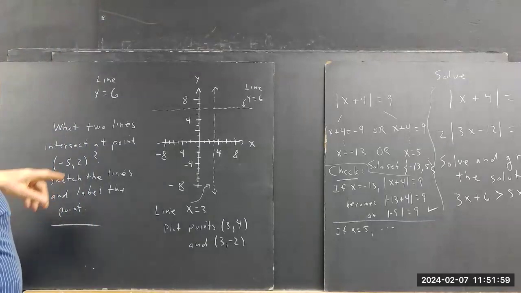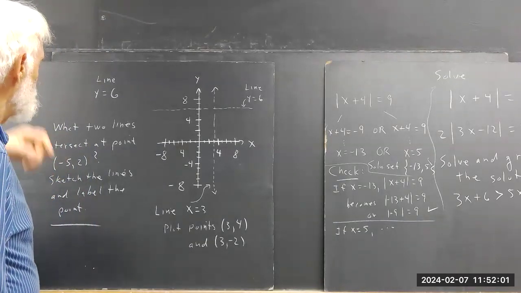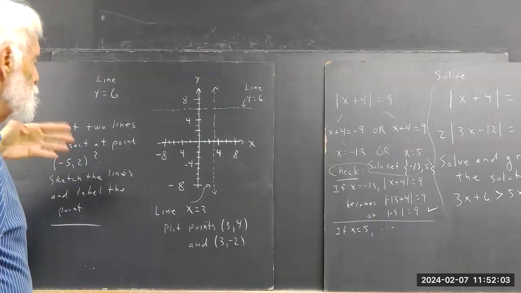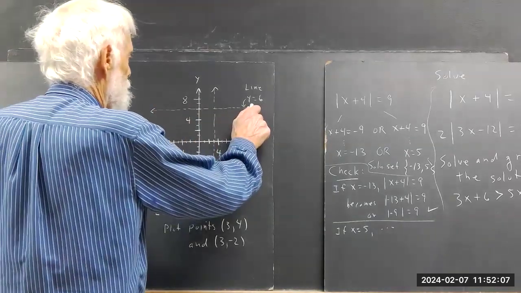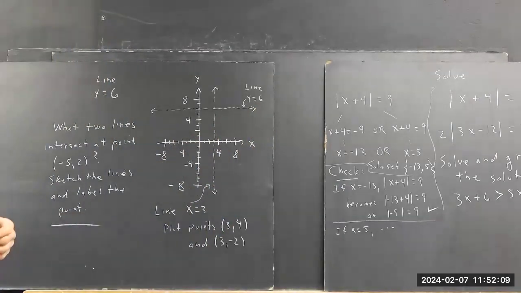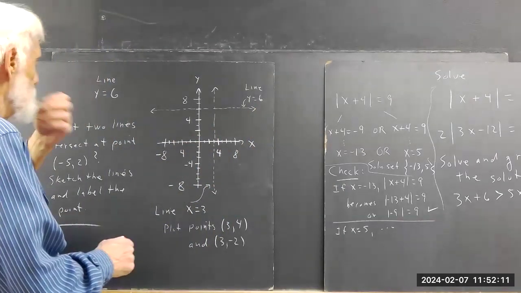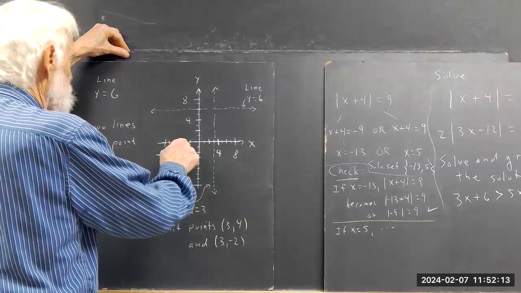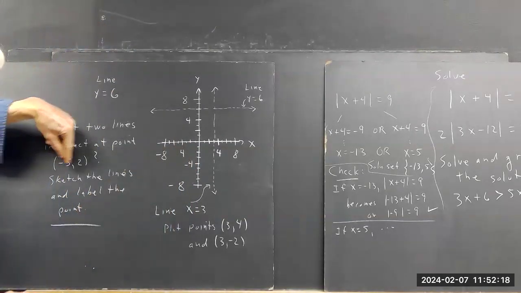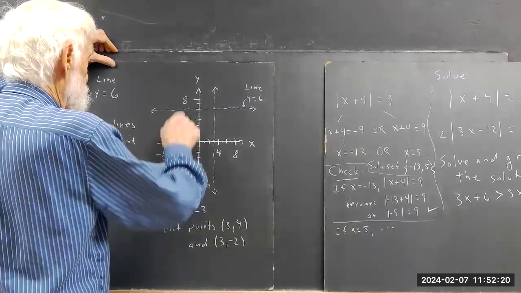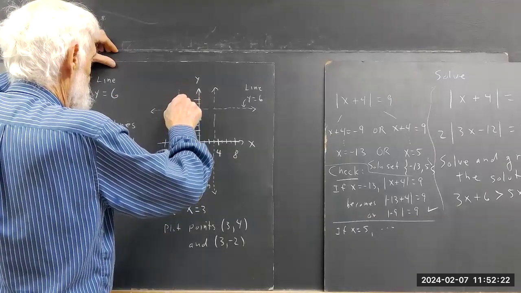Now, when I say the line through the two lines, remember lines are infinite, so they go forever. So the way I'm going to draw the line here, well, here's x equals -5, and everybody understands that -5 there is the x coordinate, because you've done stuff like this before.